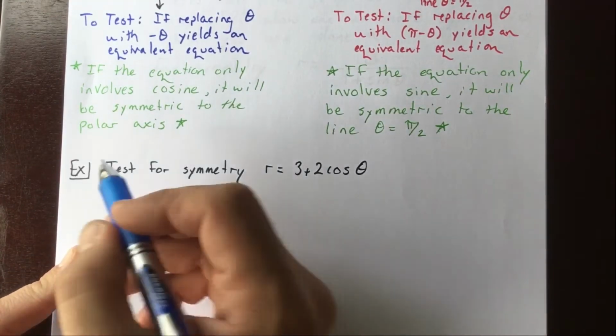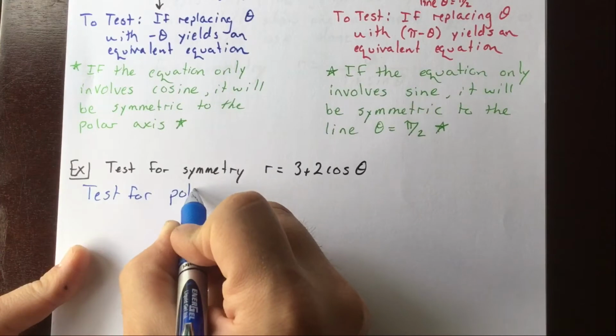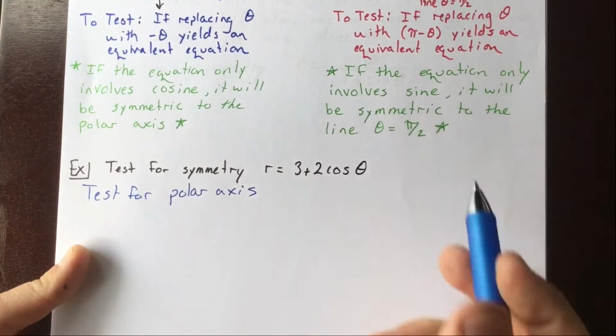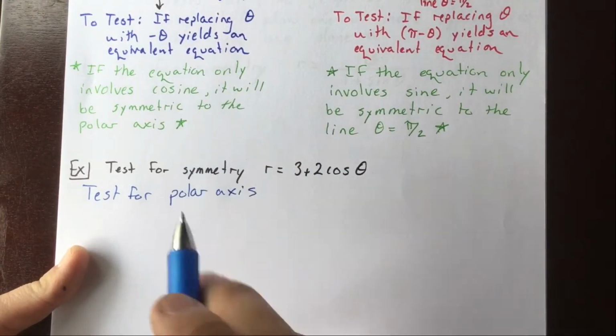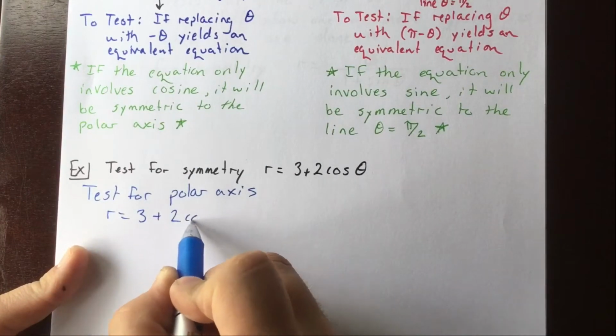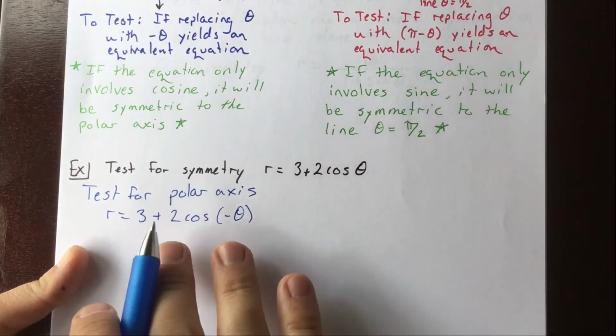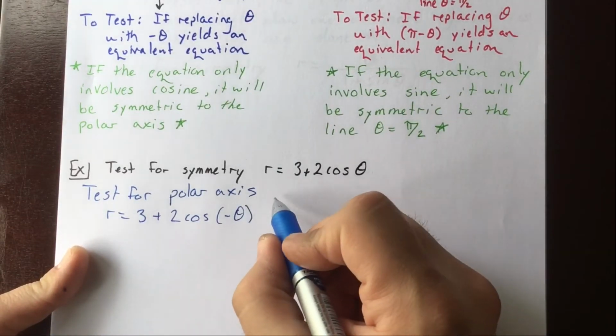So let's test this. Let's test first for the polar axis. Let's see what we get. We replace theta with negative theta. One great thing about cosine is we know cosine is even.